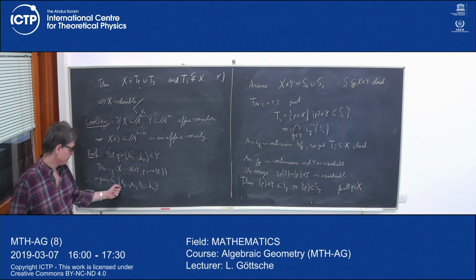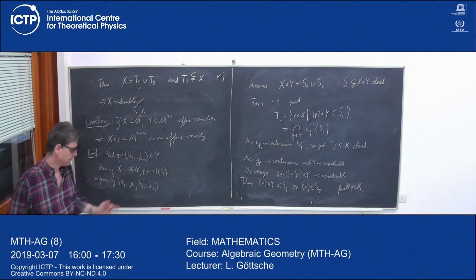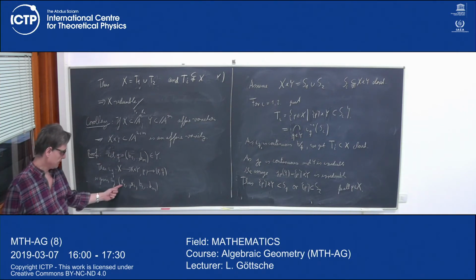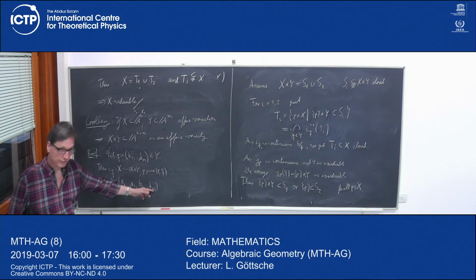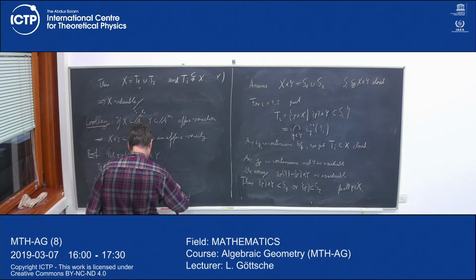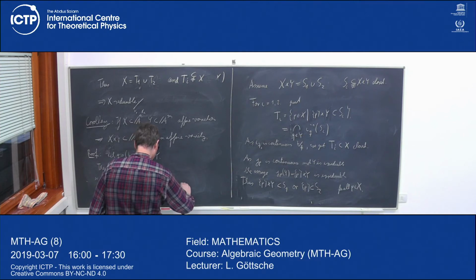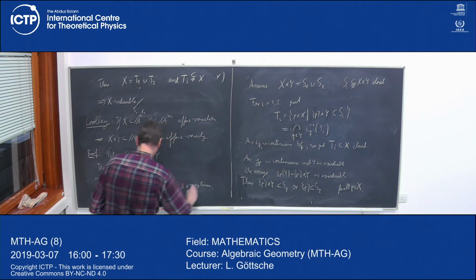You send the point P, so if the point P is a1 to an, it's sent to a1 to an, b1 to bm, which is just given by these coordinates. So you can see these are all regular functions. These are polynomials, and these are constants, so thus it is a morphism, and therefore continuous.